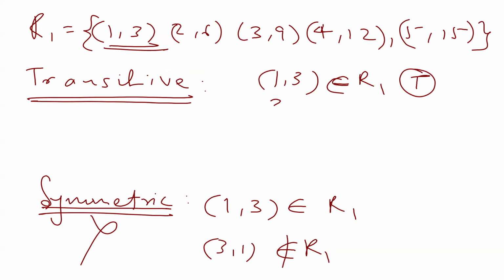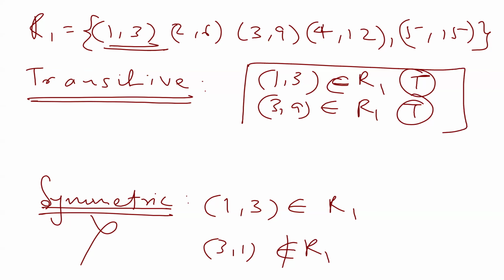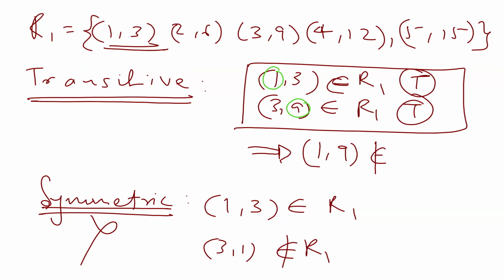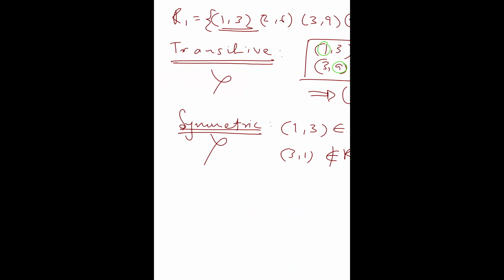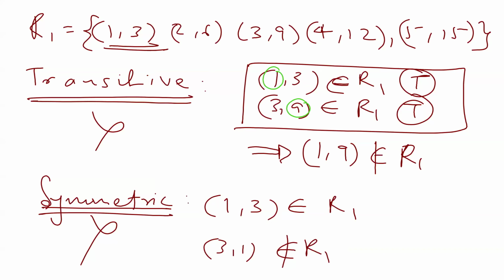Yes, (3, 9). (3, 9) also belongs to R1, which is true. Both the statements are true. Now, this should imply what? (1, 9) should belong to R1. Does it belong to R1? The answer is no. Therefore, this is not transitive. Even if one example fails, everything else fails. I hope you all understood this particular point.